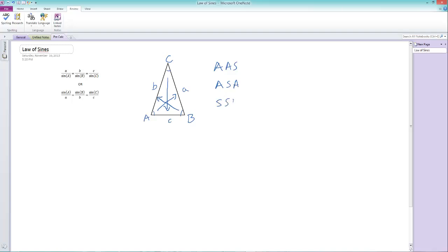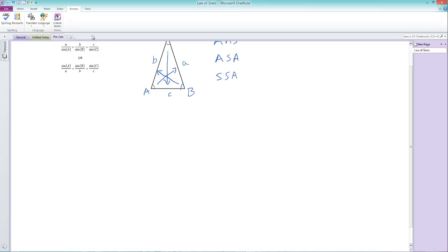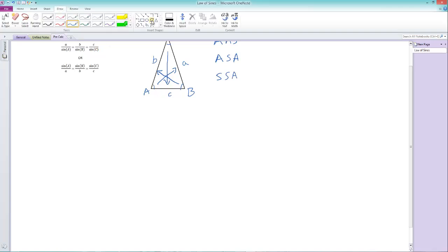I'm going to pull up a triangle, and we're going to solve a couple problems. Okay. So, given triangle ABC, and let's say we're given that the measure of angle A is 38, and the measure of angle B is 28.